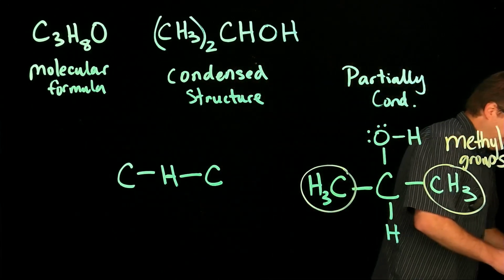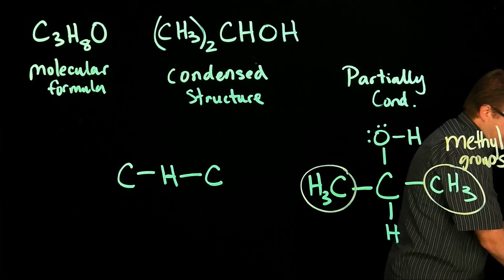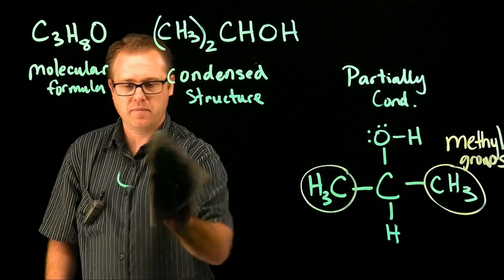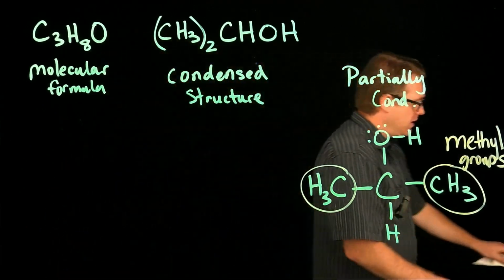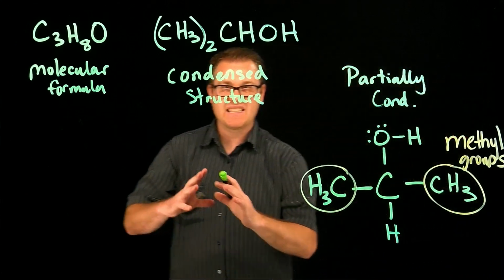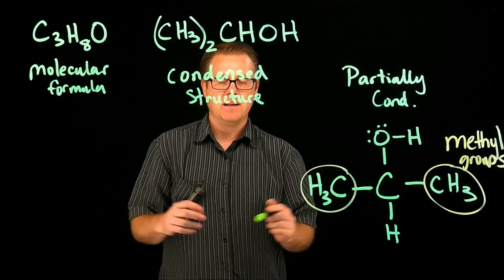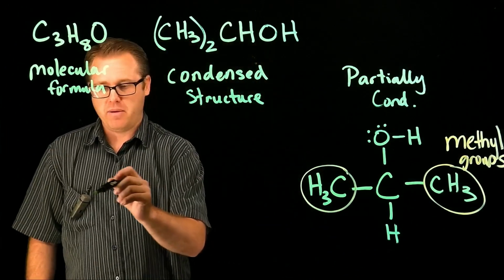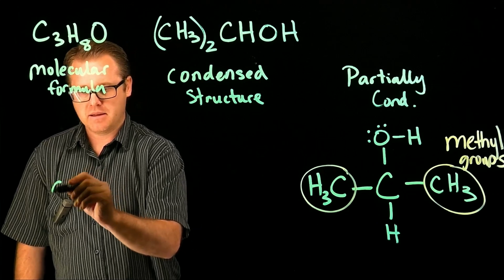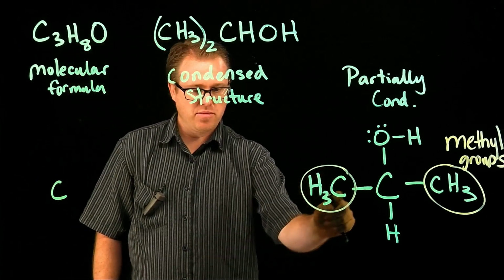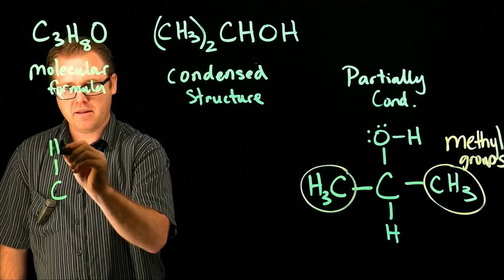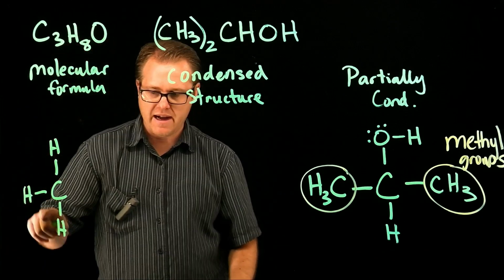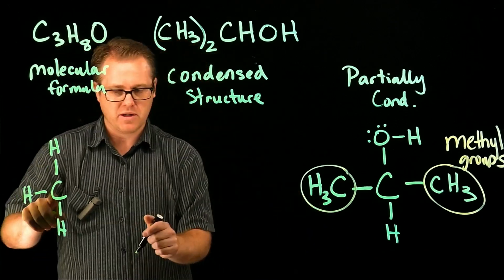Now we could even get some more information by drawing the Lewis structure. And the Lewis structure is when we expand out all the atoms and show all the bonds. So what we have is this methyl group right here. I will represent it like this. You see how there's 3 hydrogens, 3 hydrogens, 1 carbon?